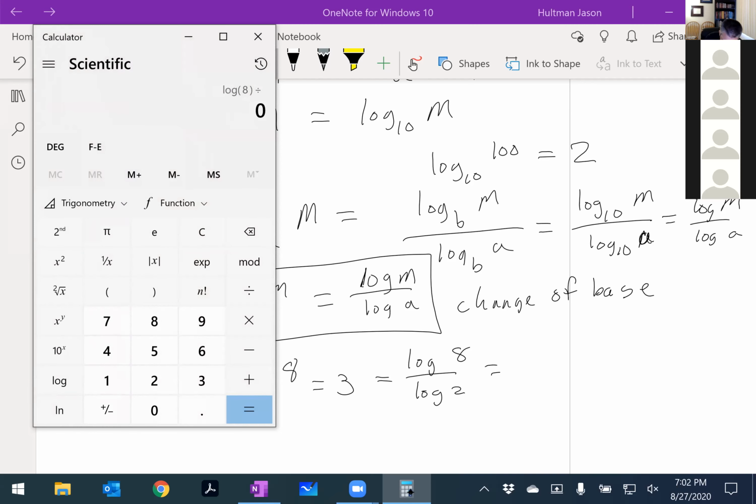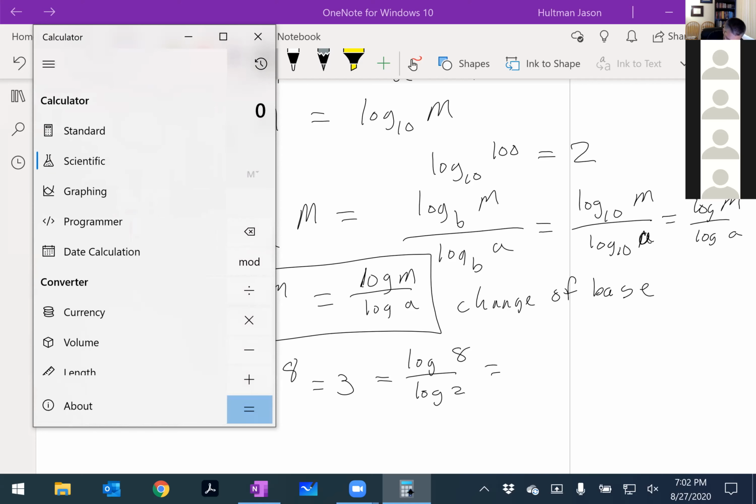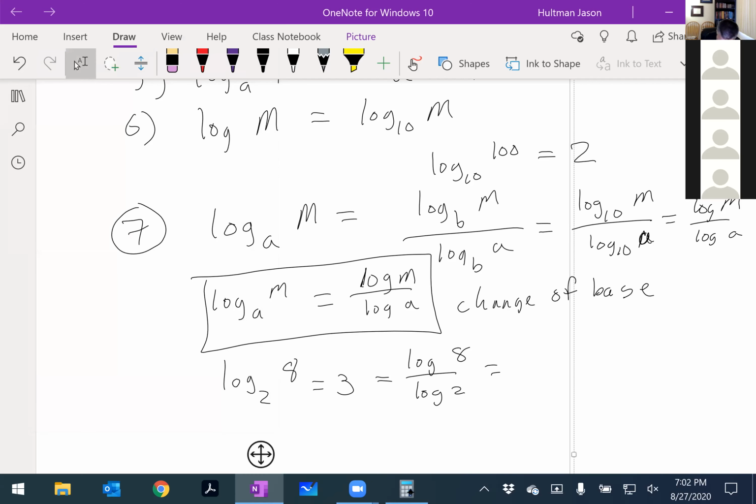That doesn't make sense. This should be log base 10 of 8 over log base 10 of 2, which should equal 3. Why is it not working on the calculator? Let me look it up on my other calculator.